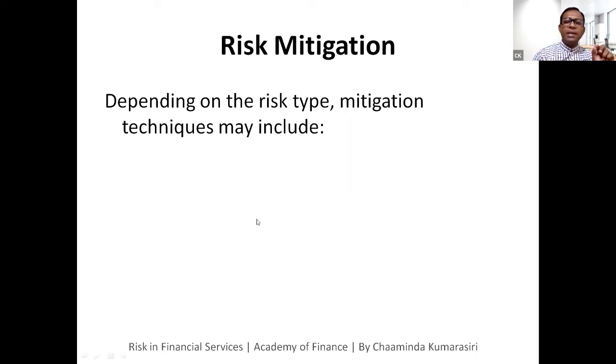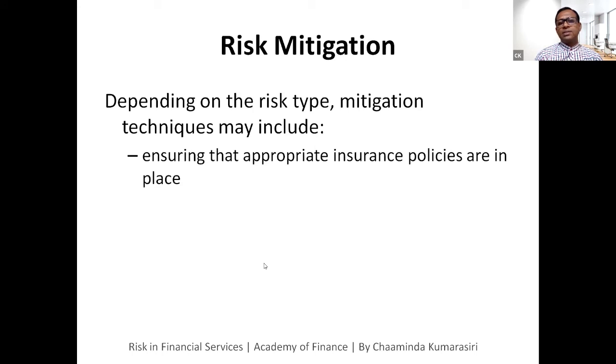Impact is the damage in the event the risk gets materialized. So when you say mitigate, what we are doing is looking at techniques to reduce either of the two, because risk is the product of likelihood and impact. Then we look at measures or techniques to reduce the likelihood or reduce the impact. So, techniques.